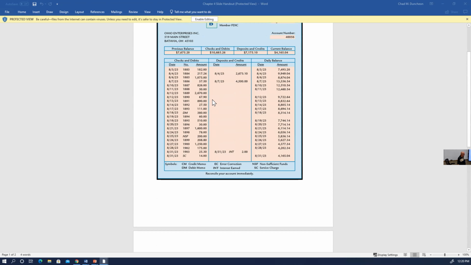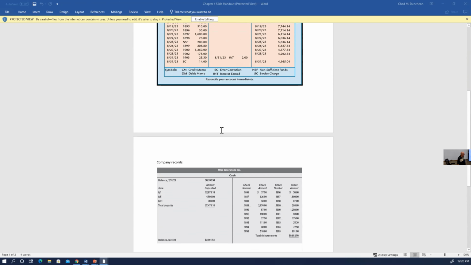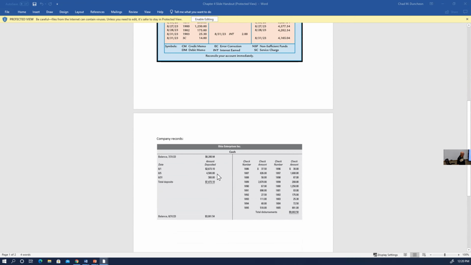These are the checks and deposits that the bank knows about. Okay, and you see all the information here, and we have to identify what is wrong. What have we done that the bank doesn't know about? What has the bank done that we don't know about?